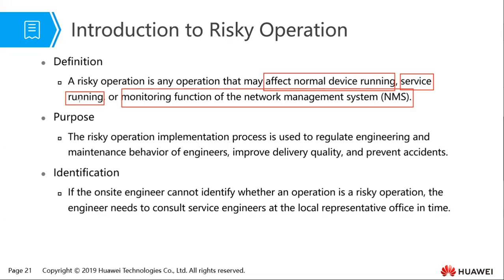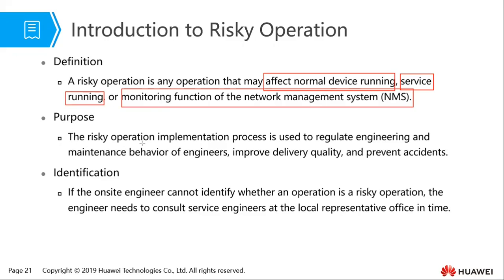When you talk of service running, we are talking most likely about the protocols. If you're going to change any configuration that is going to affect the running of the device, that is also a risky operation. Now, if you're also going to change anything that is going to affect the NMS, and thereby we are not going to be able to monitor how the network is running, then that is also a risky operation.